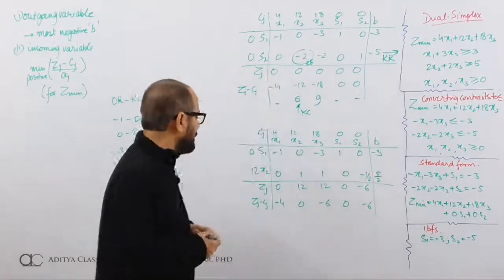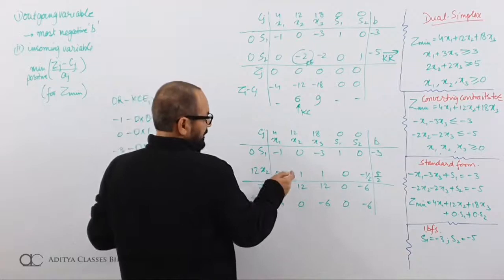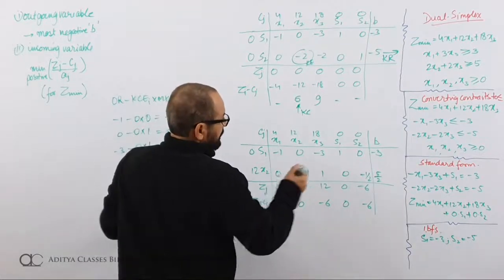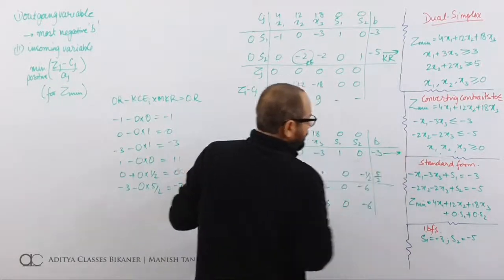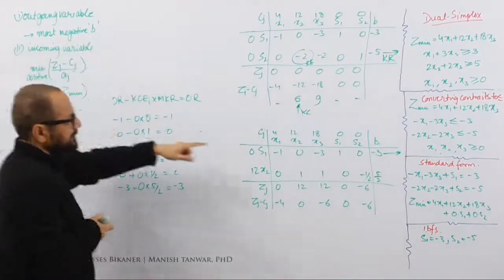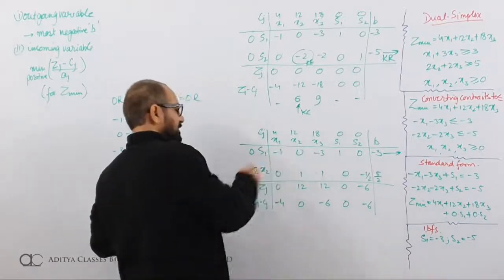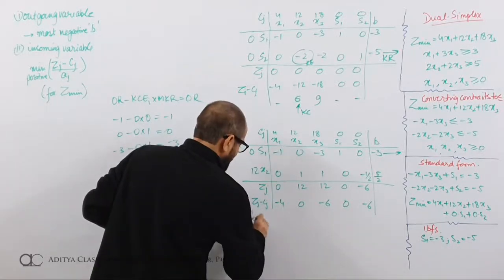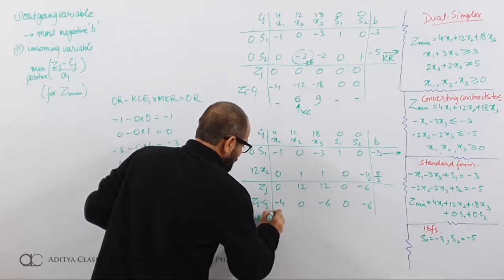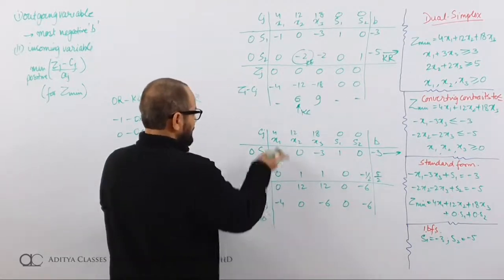So we again take up this ratio Zj minus Cj upon respective A, which will be my key row. Most negative is my key row. This is the only negative, so this becomes most negative. This is my key row, Zj minus Cj divided by respective Aj. So that ratio, the theta that we used to calculate over there, this time it becomes Zj minus Cj upon Aj.